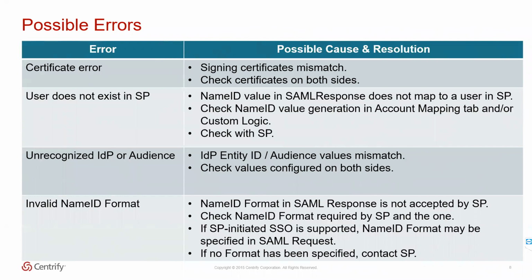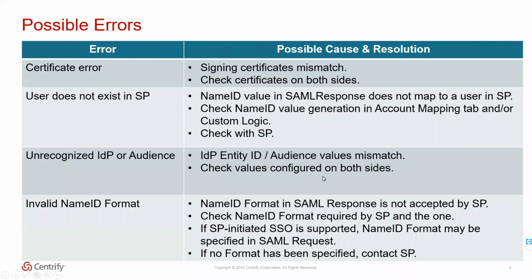If that's the message, then it's very likely, I'd say almost all the time, that that's exactly what happened: there is a mismatch. You just need to check that the values on both sides match.